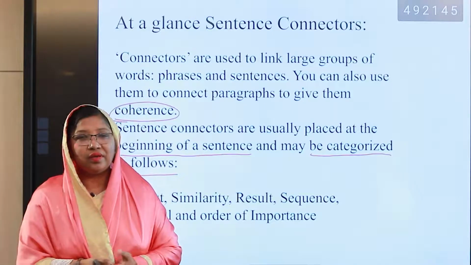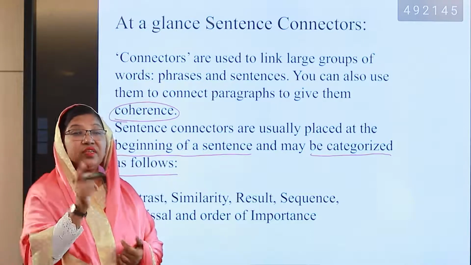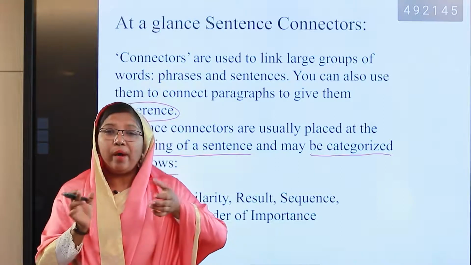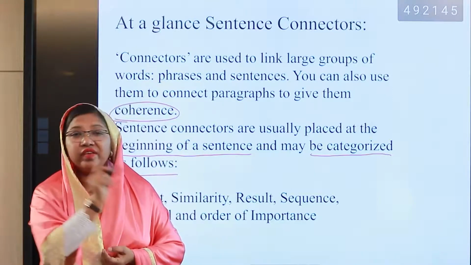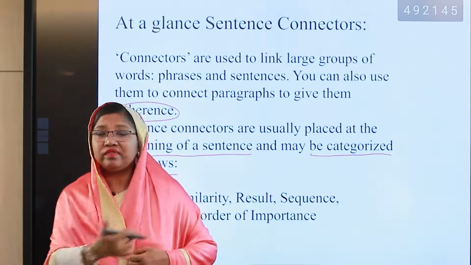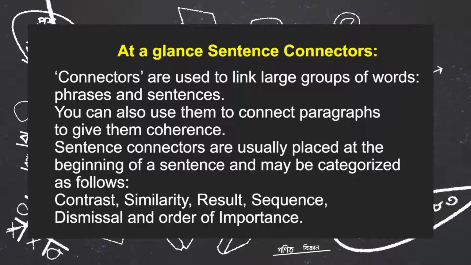Dear students, here I have underlined at the beginning of a sentence a connector is used. I have also said a sentence connector may be used at the last of a sentence too. So, here: contrast, similarity, result, sequence, dismissal and order of importance.